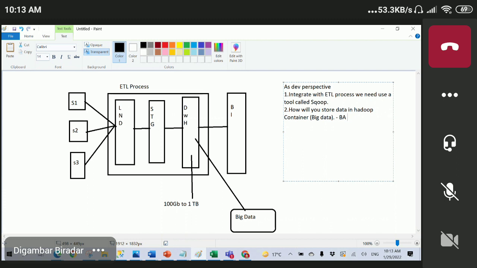The business analyst will send all the details and create a design document. Many times the BA is responsible, but sometimes they ask the developer to develop the design document. They will ask your approach: what kind of implementation are you going to perform so that we can store that?